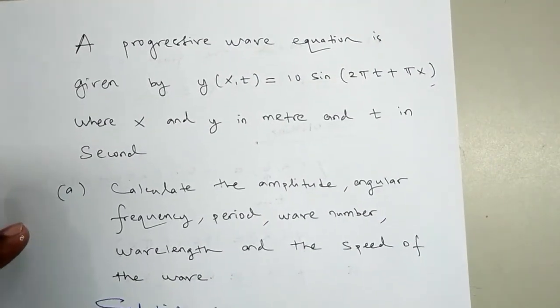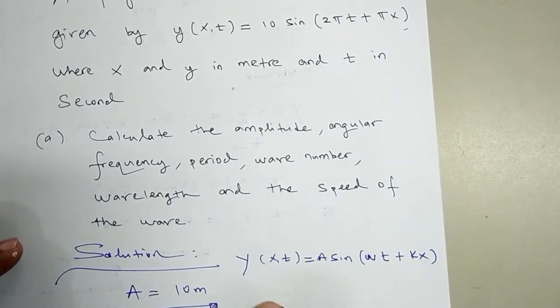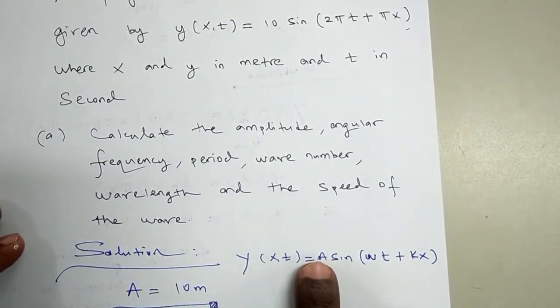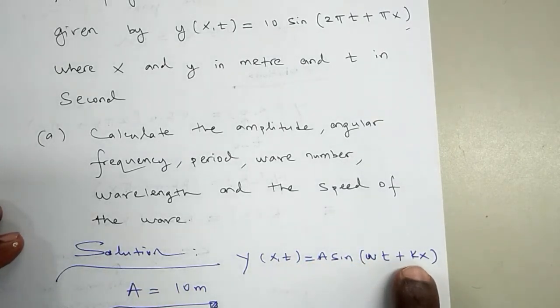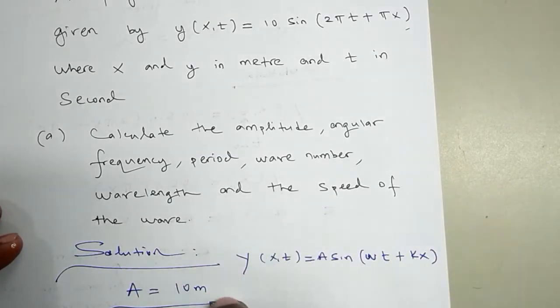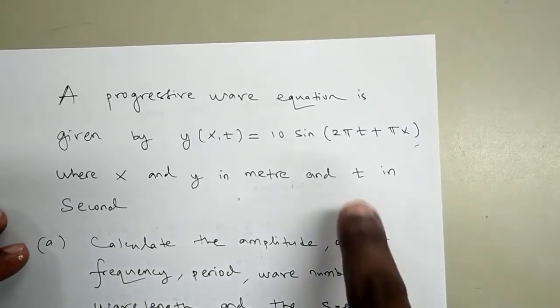We can get three values, amplitude, angular frequency, and wave number, once we compare the general equation of a progressive wave with the given equation.